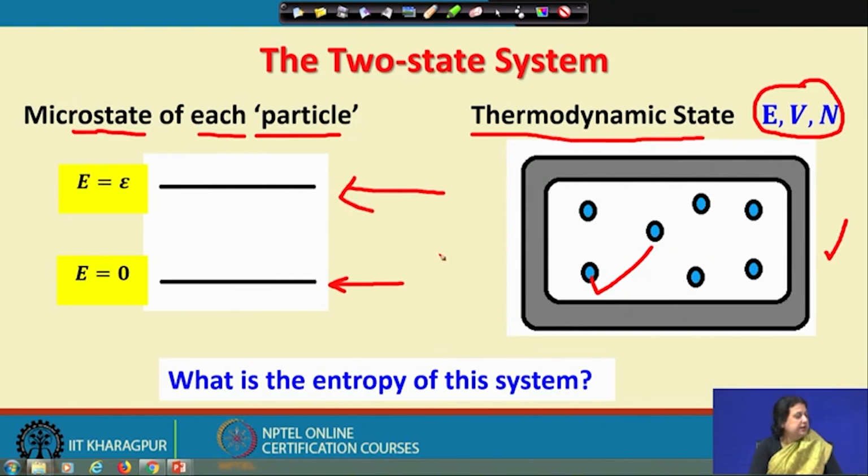Now, as you see for the spin-half system, what did we have? What would be the energy equal to 0 state?